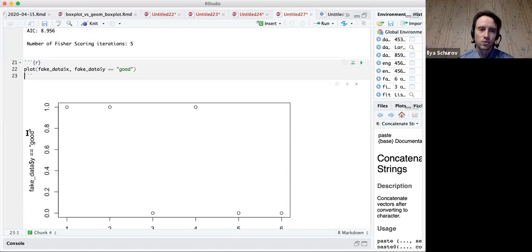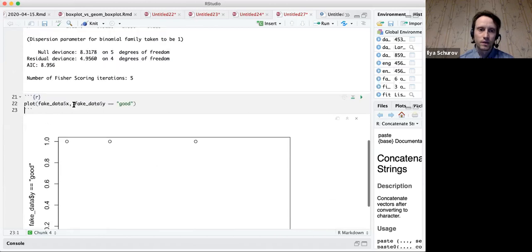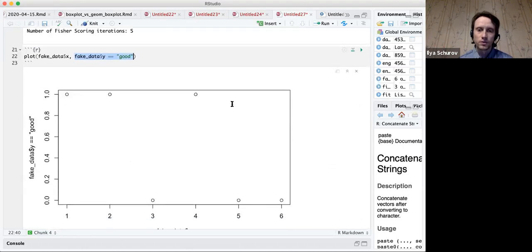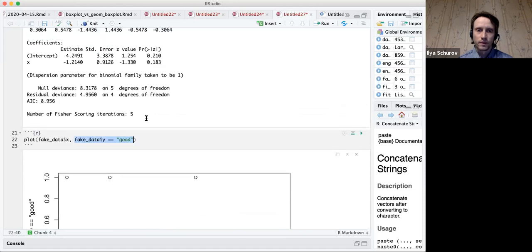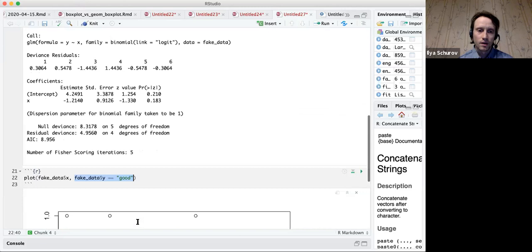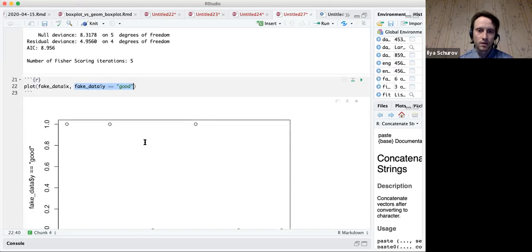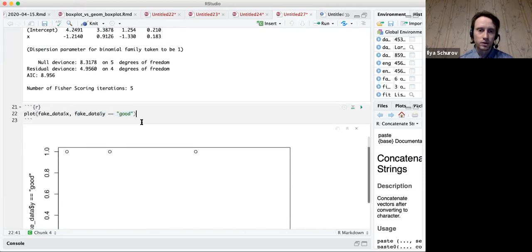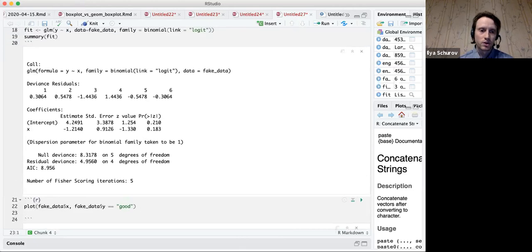I use good as 1 and bad as 0. This thing actually calculates a vector of values true and false, and true is the same as 1, and false is the same as 0. So I have this graph that corresponds to this data, and I can plot some curve here. Actually, I can use the curve that we discussed.